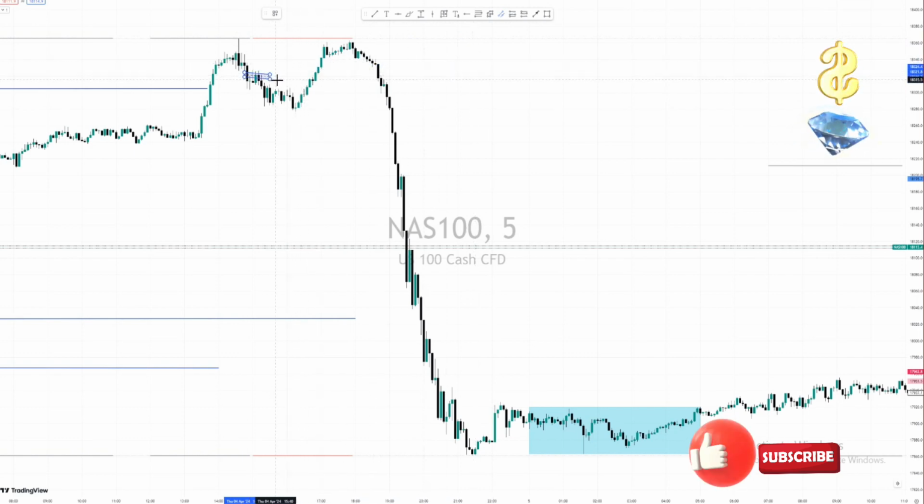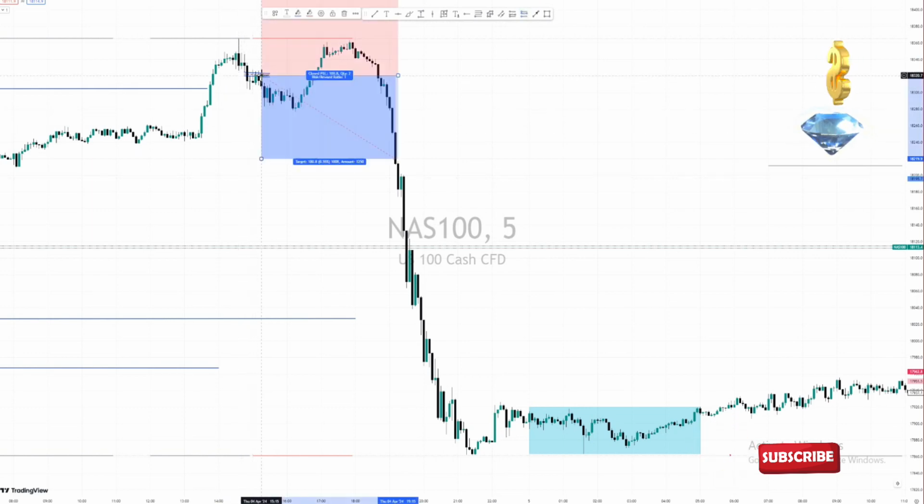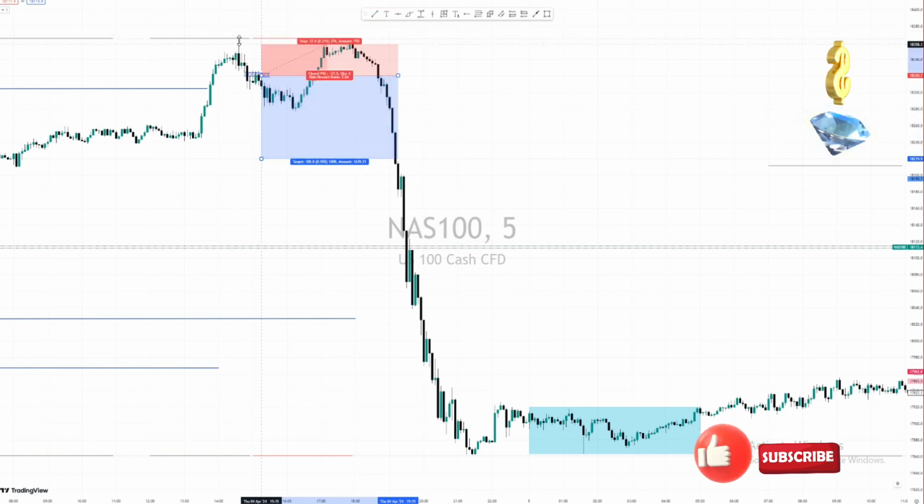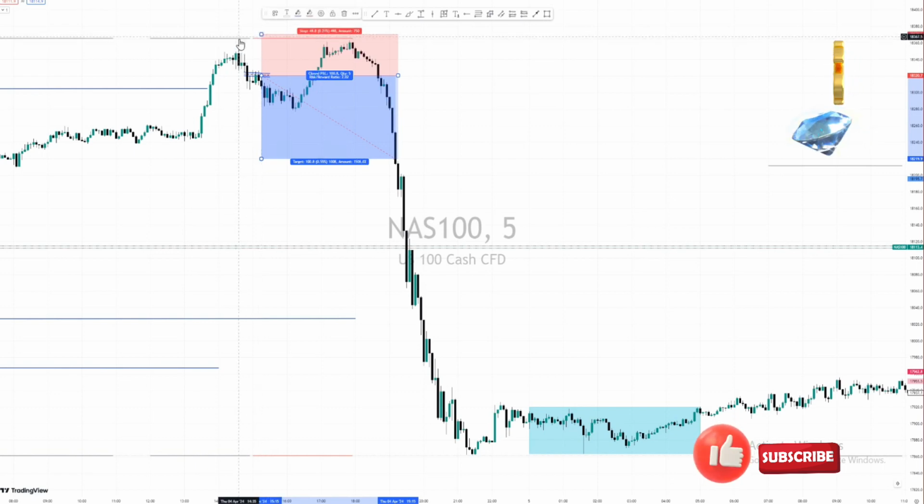An imbalance right there, and price came into it. So if you want to take this trade, how do you take it? You simply pull your sell here, and you sell at that imbalance with your stop loss above this wick right here, because this is our last push up.